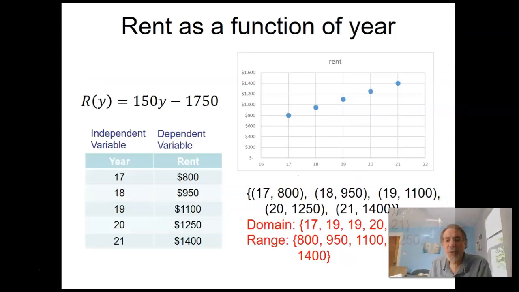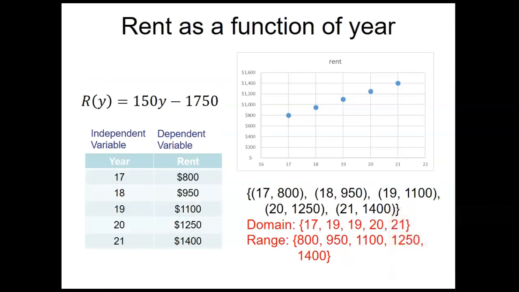So in the example we were just looking at, the domain consisted of this set of numbers here, 2017, 2018, 2019, 2020, and 2021. And the range is the set of all of the second numbers, 800, 950, 1,100, 1,250, and 1,400.